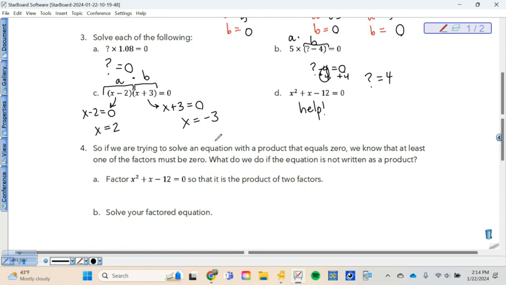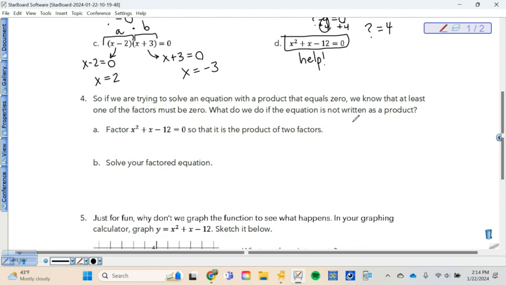So if we're going to solve an equation where there's a product that equals 0, right? I have something times something, something times something. We know that one of those factors has to be 0. But what if we have something like this where our equation is not written as a product? It's not written as something times something anymore, right?